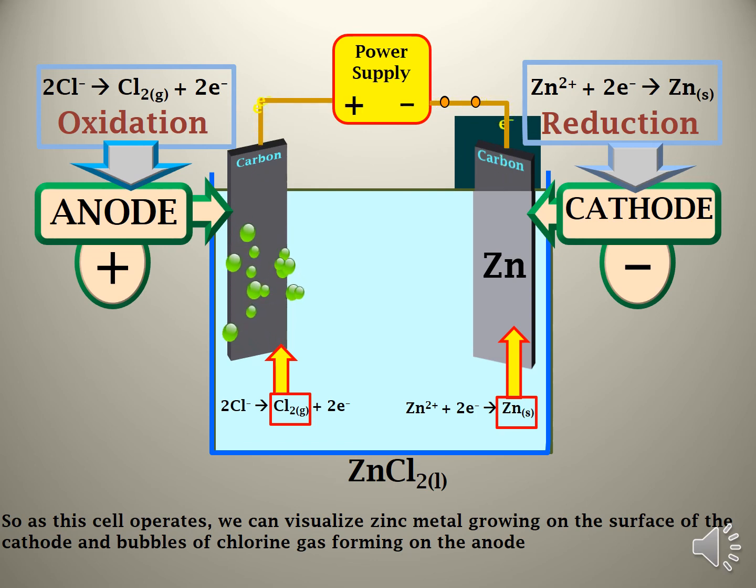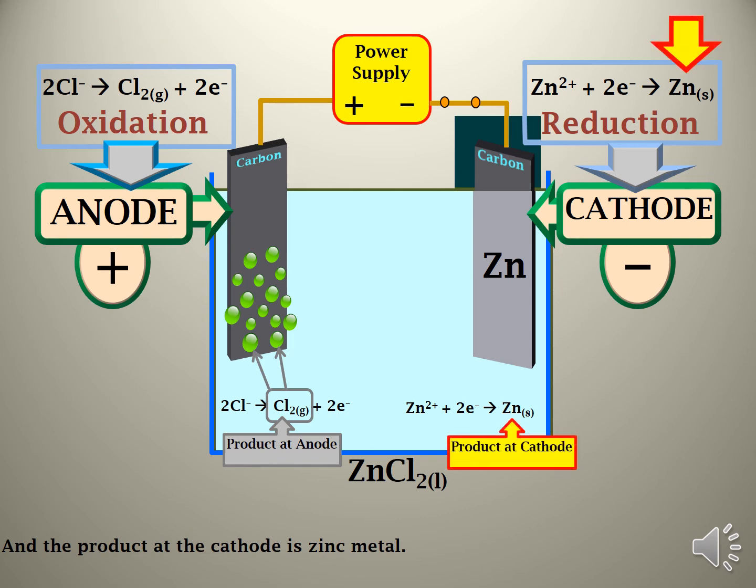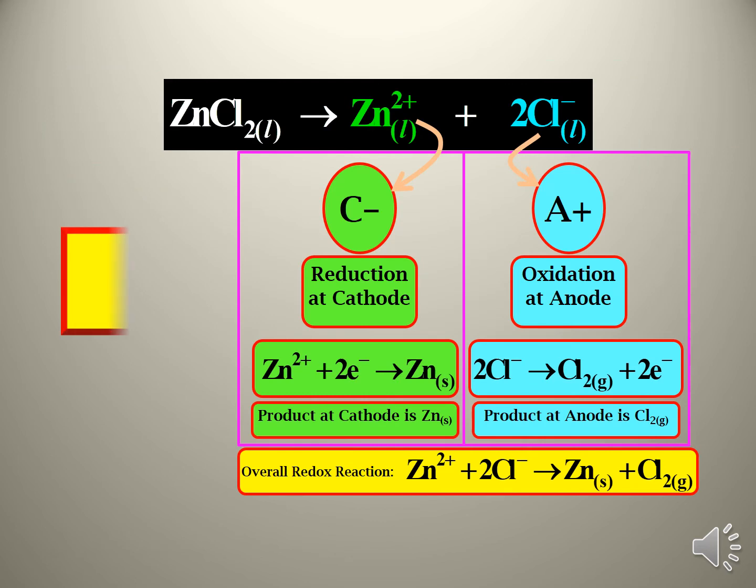And the chloride ions will all move towards the anode and lose their electrons and convert into chlorine gas. And bubbles of chlorine gas are shown here at this anode. So we can say that the product at the anode is chlorine gas and the product at the cathode is zinc metal.